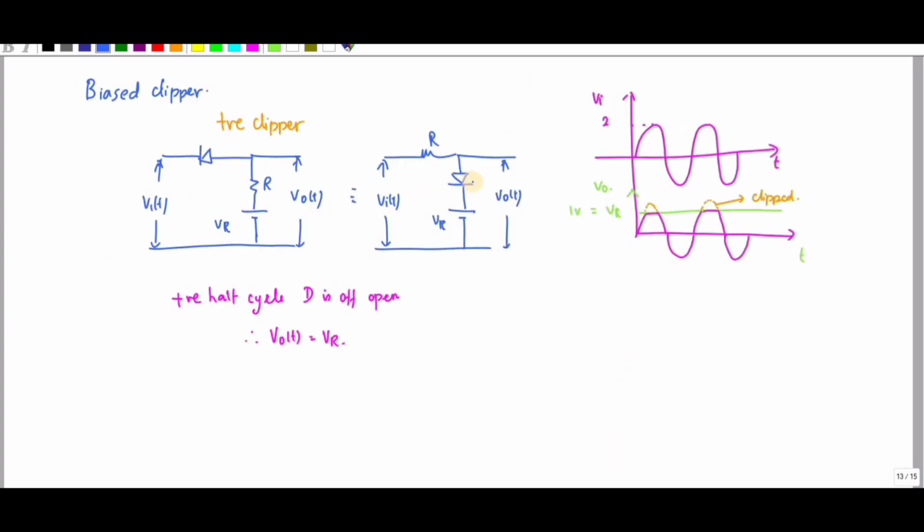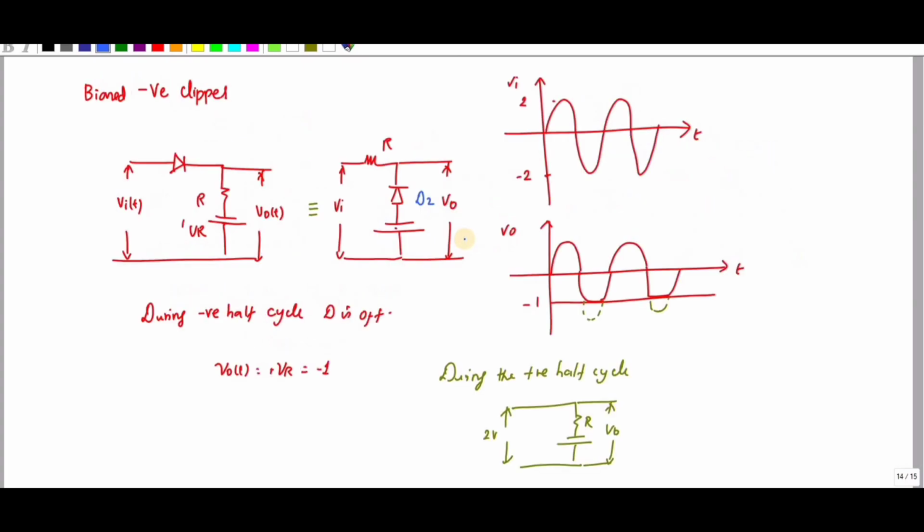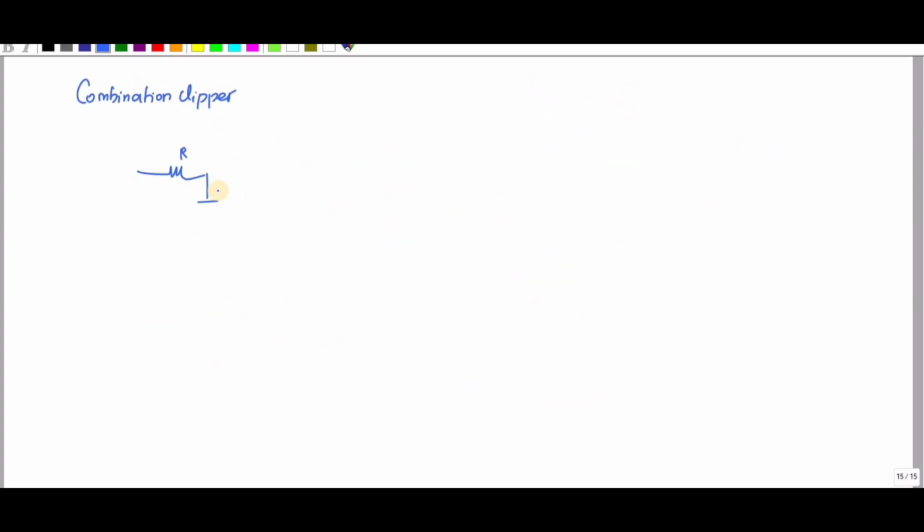So I'm going to club these two diagrams. So this is D1 and this is D2.